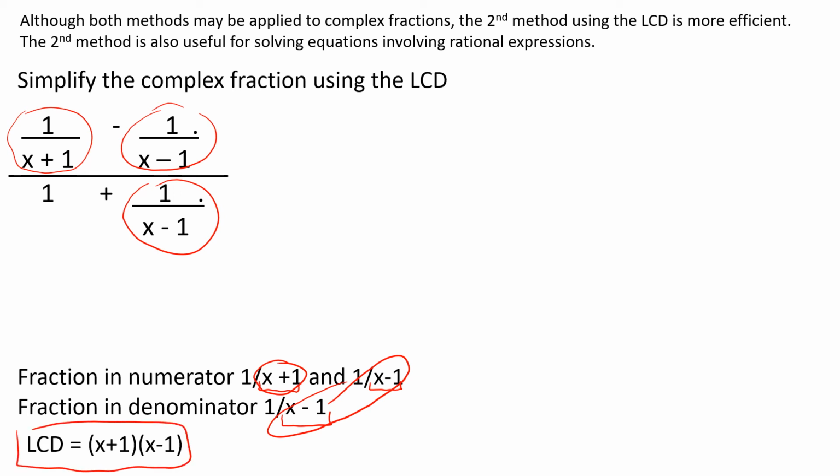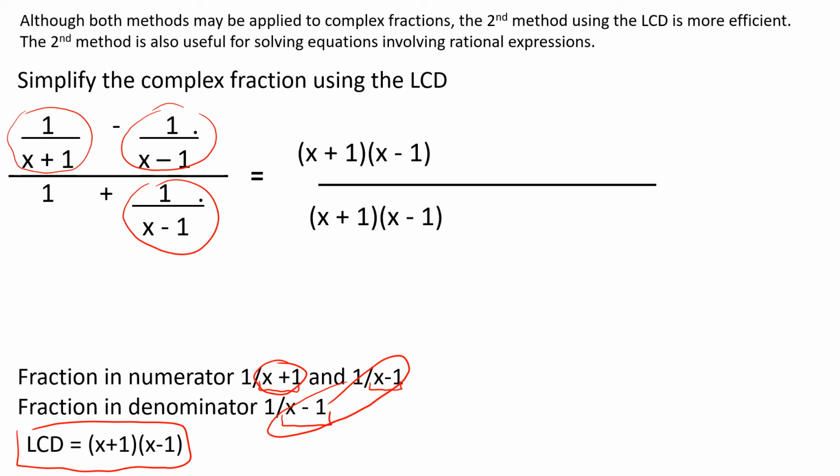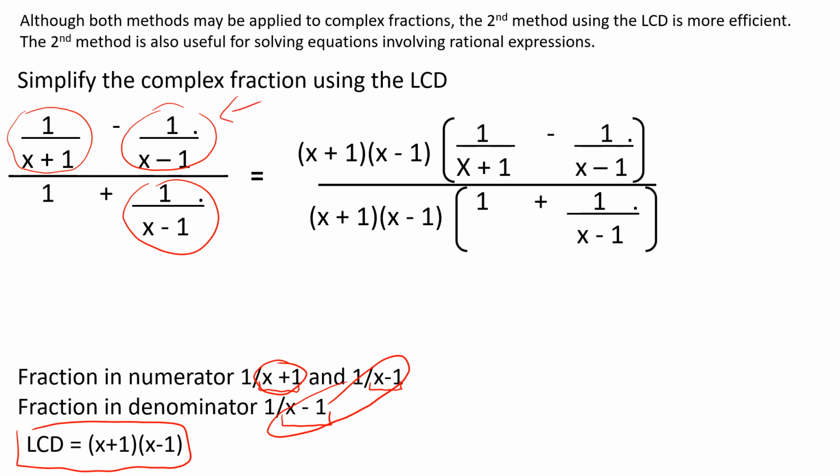We're going to multiply that LCD times the entire fraction. So here it is. I'm writing the LCD on the top and the bottom, and then I'm going to take this fraction here and put it in over there, because we're multiplying it. I've just put parentheses around these. That's all I'm doing over here.